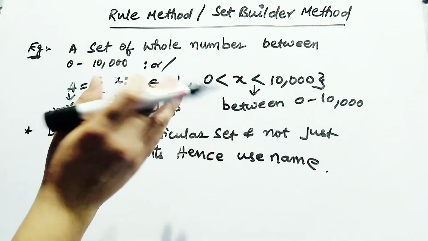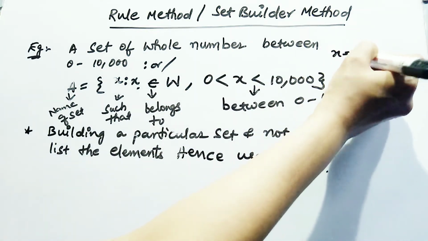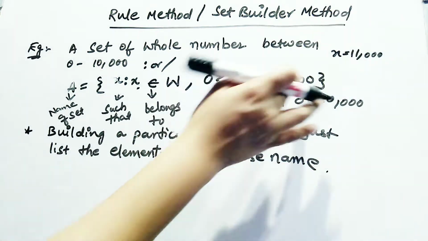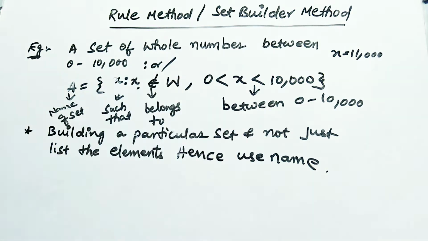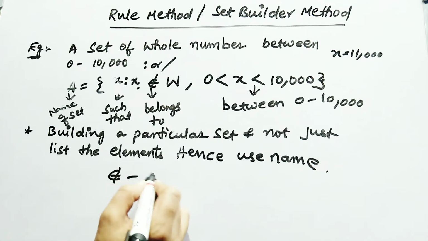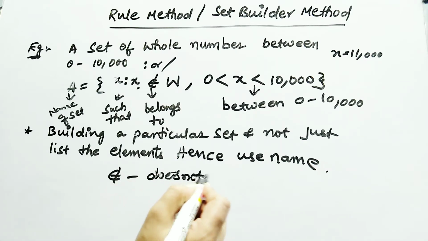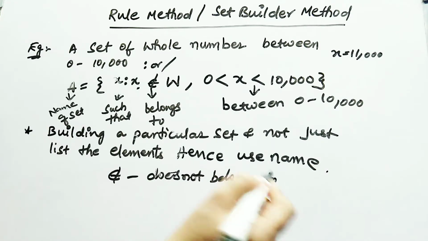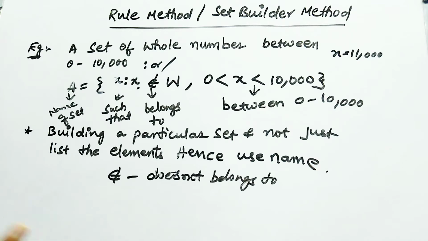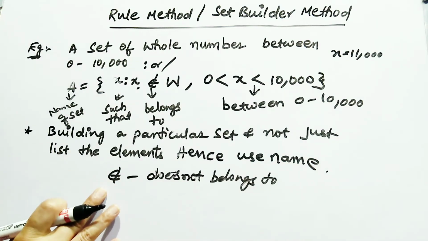If suppose you are describing x equal to 11,000, is 11,000 here? Not. So you can use this symbol, does not belong to. These two things you should keep in mind. If any element is not belonging to a set, you can use this symbol.